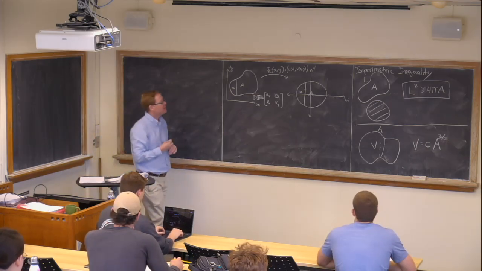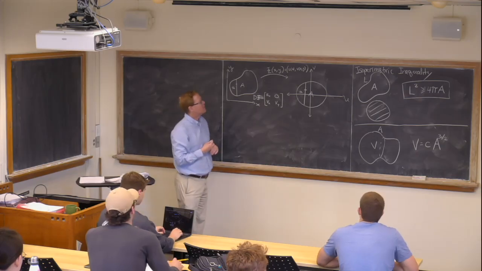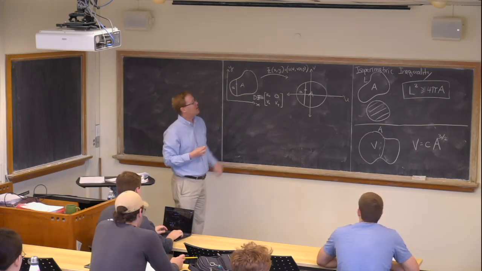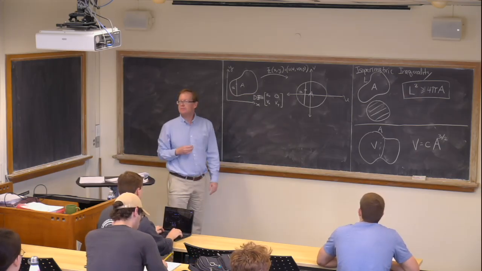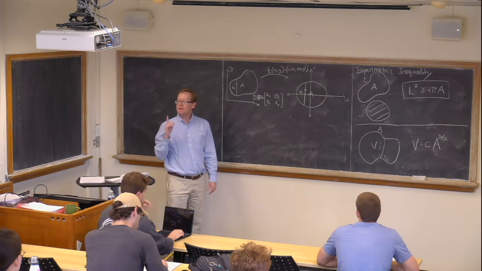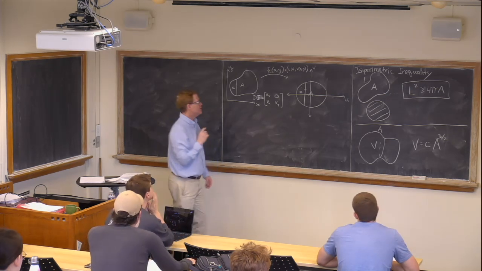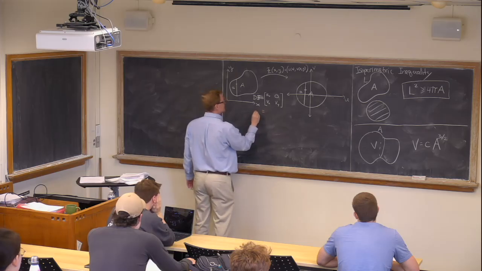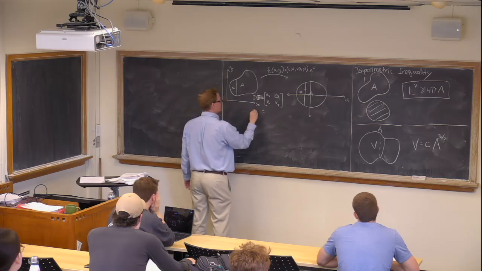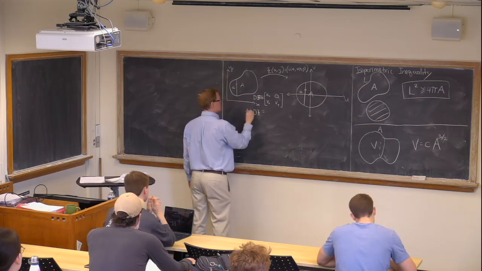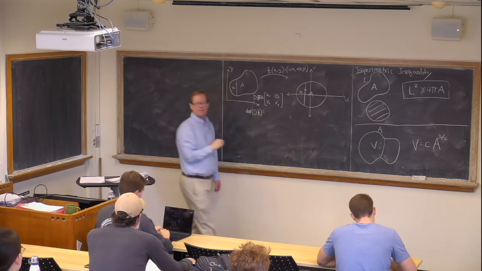The other thing we'll notice is, let's talk about this map. I claim this is an area preserving map. What do I mean by area preserving? I mean the determinant of this map is going to equal 1. If you take the Jacobian and take its determinant, that tells you how much areas get stretched.